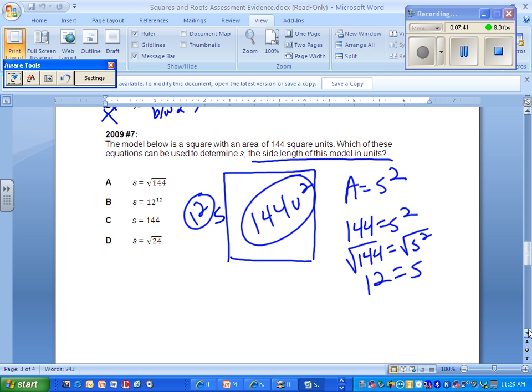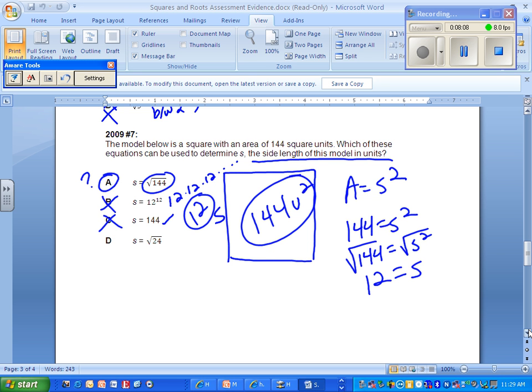So I'm going to look now at all my answer choices to see what's going to be a side length of 12. Well, the square root of 144 is 12. But I'm not going to stop there. I'm going to look at all my answer choices just to be sure. 12 to the 12th power. That's 12 times 12 times 12 times 12. That just keeps going. It's a huge number, so I know that's not it. 144 is 144, not 12.